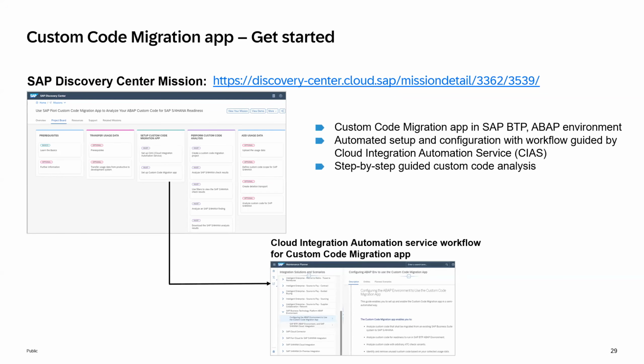We provide a dedicated mission in SAP Discovery Center, where the custom code migration app can be set up in the BTP ABAP environment automatically, and your on-premise system can be prepared for the remote analysis also automatically using the cloud integration automation service. And then you can use the custom code migration app in a guided procedure manner in order to check your custom code for S/4HANA readiness.